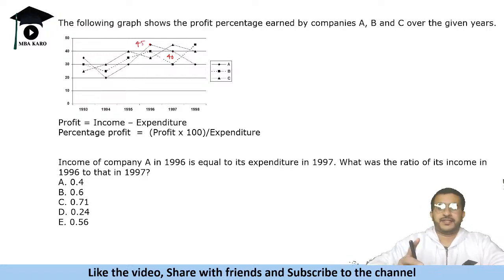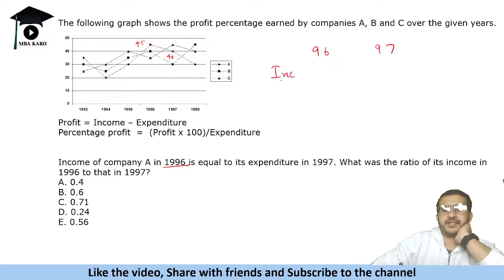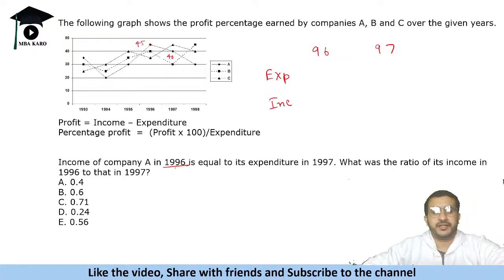So let's solve this. It says that income in 96 is equal to expenditure in 97. Okay. So expenditure 96 और 97 में income और expenditure निकाल देते हैं. ठीक है. So income in 96, this is equal to this.